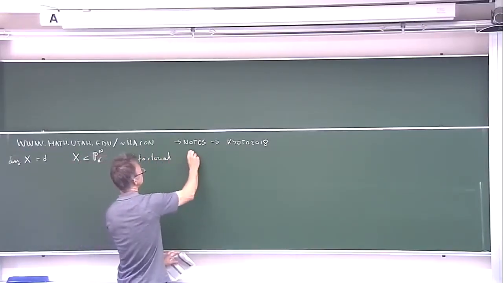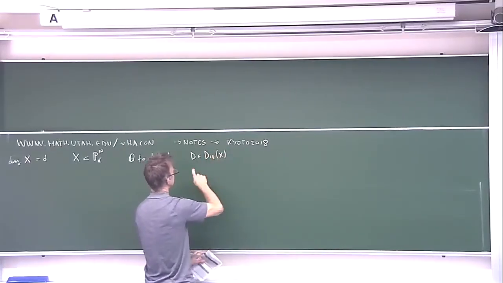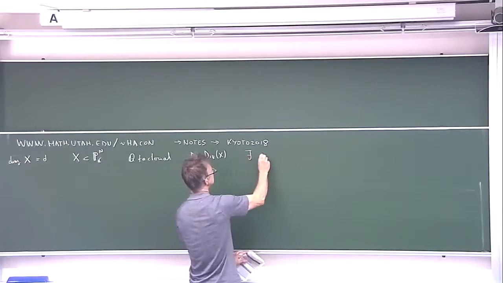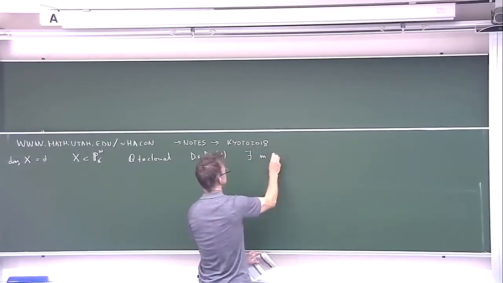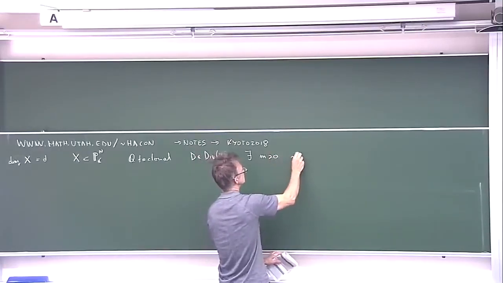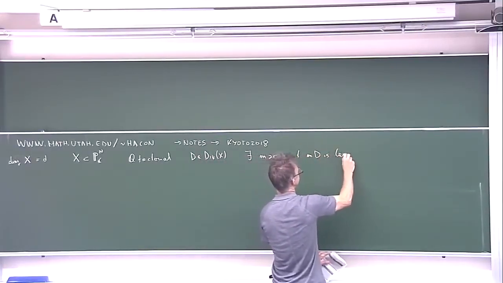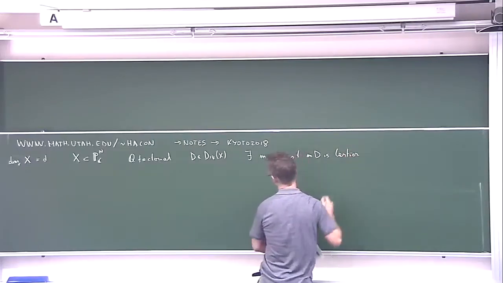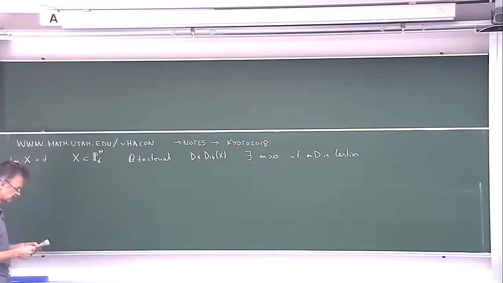So if you have any divisor, with integer coefficients or with rational coefficients, then there exists some positive integer m, m greater than 0, such that mD is Cartier. For smooth varieties, this is never a problem, but for singular varieties, it's an issue. So I'm going to assume that it's Q-factorial.